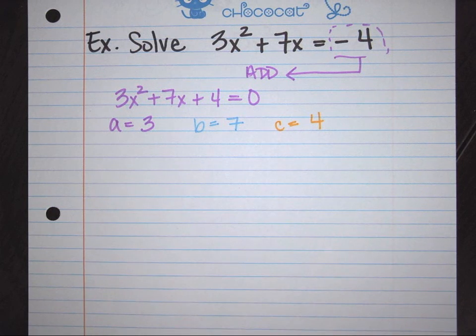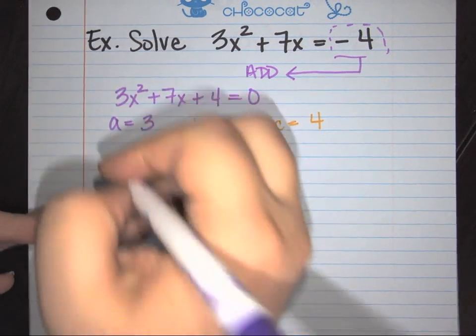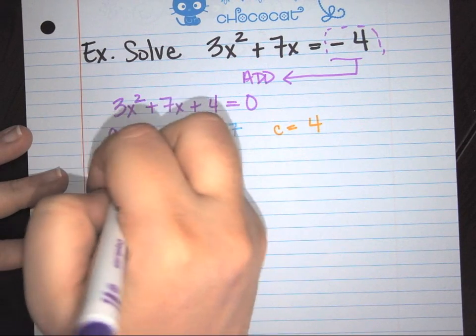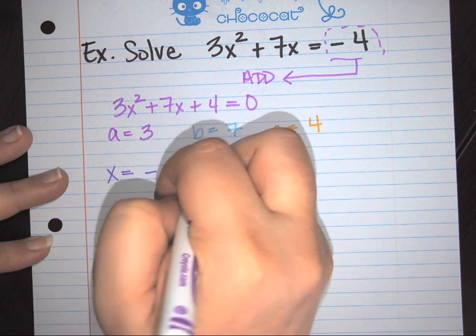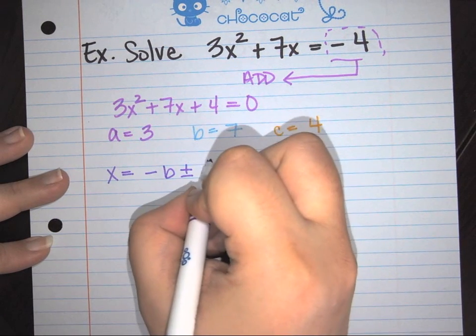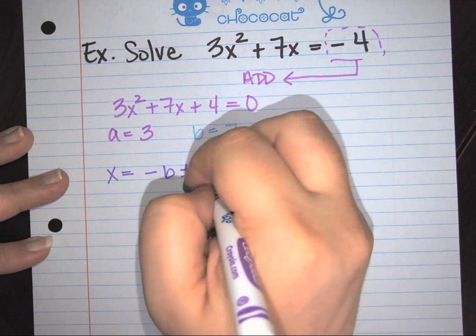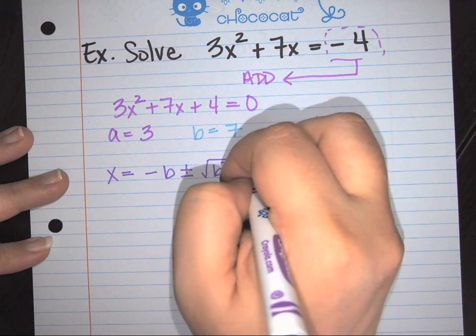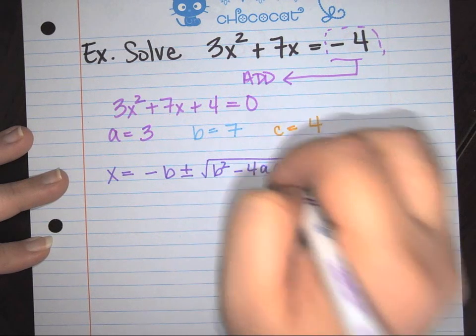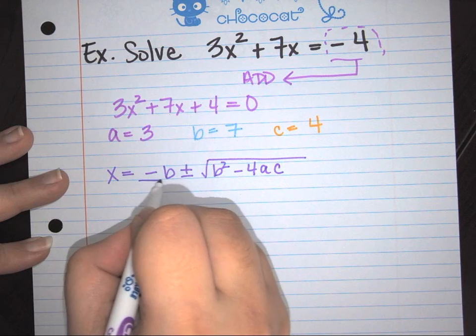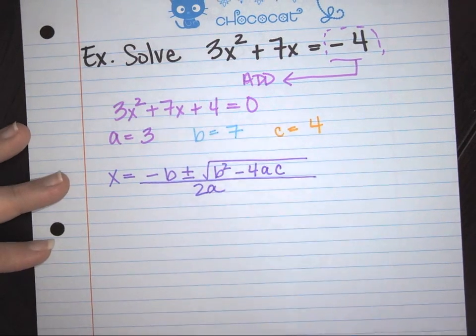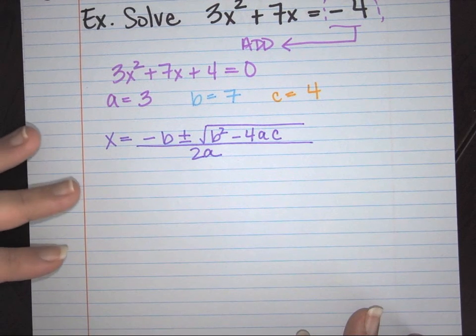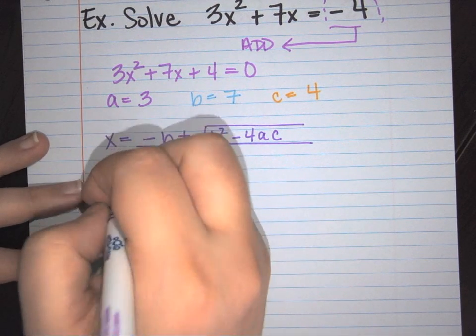Okay, so if we remember, that quadratic formula had simply said x equals negative b plus or minus the square root of all my stuff, so b squared minus 4 times a times c, and the entire thing is over 2 times a. So I need to plug in.